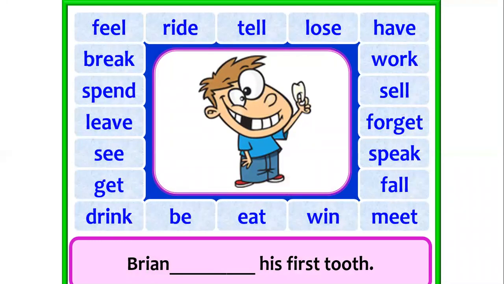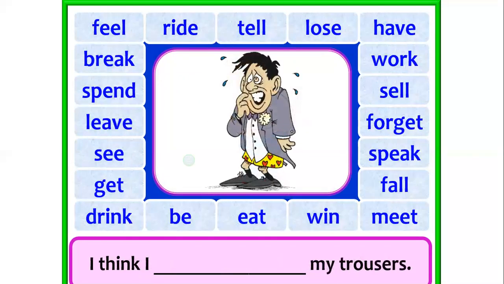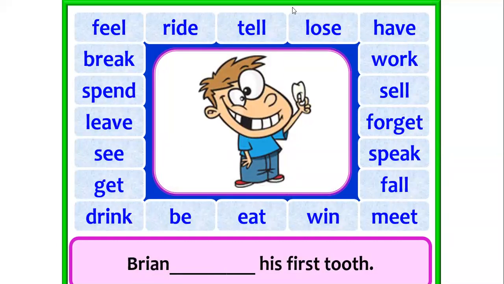So Brian has. Which verb? So the verb here is Brian has lost. We have the verb lose, and we're going to choose it and put it in the past participle. So it's going to be Brian has lost his first tooth.